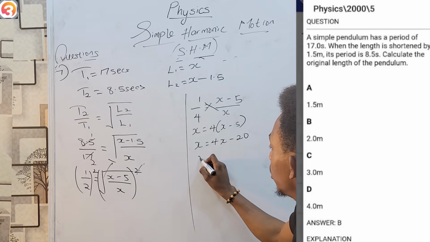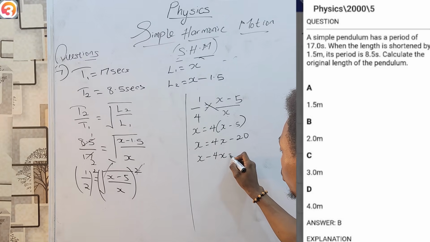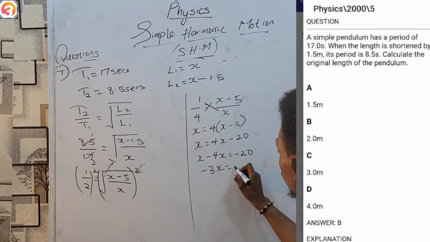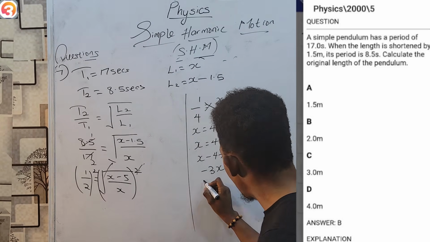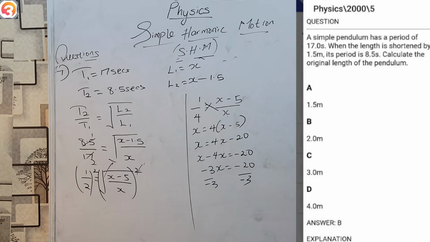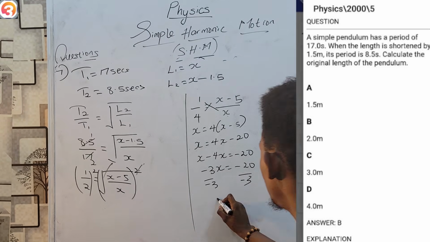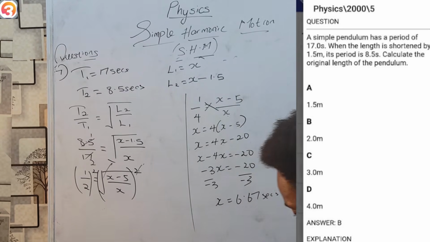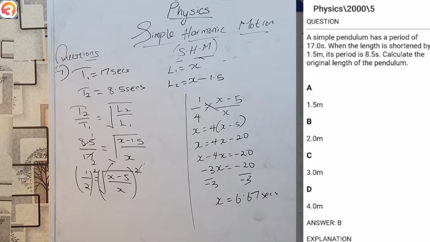Collect the like terms: x minus 4x equals minus 20. x minus 4x is minus 3x equals minus 20, divided by minus 3 on both sides. That gives me 20 over 3, which gives me 6.67.